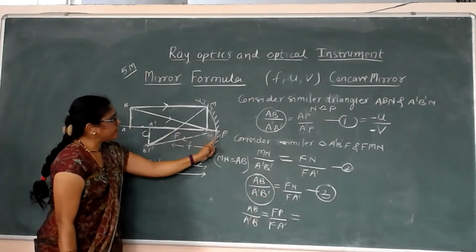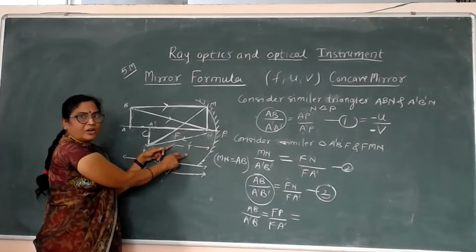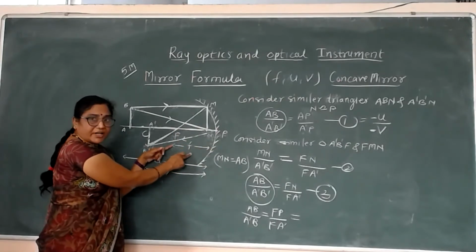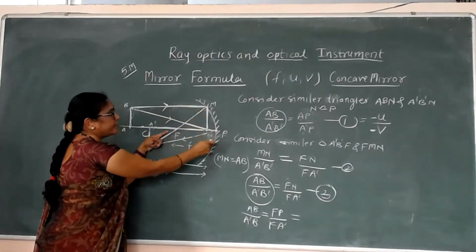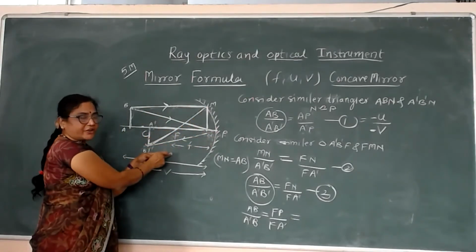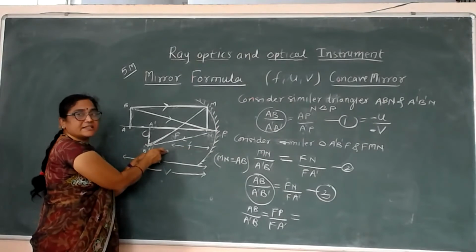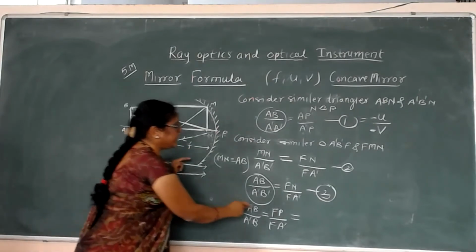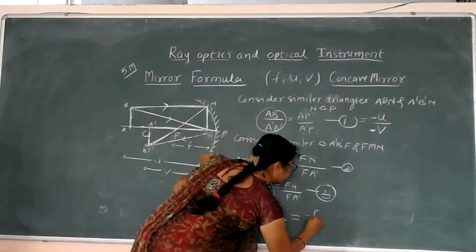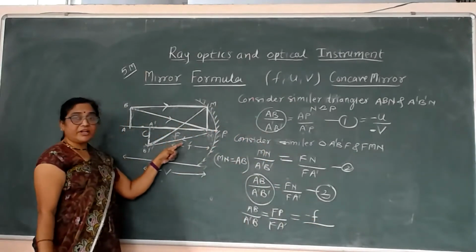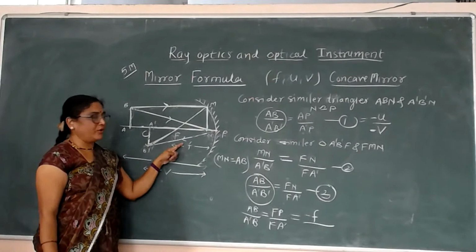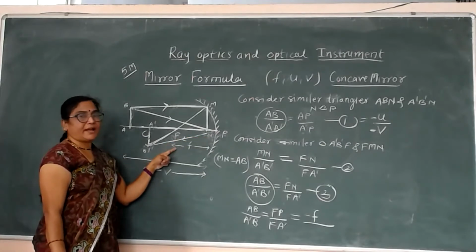First one is FP. What is the meaning of FP here? Focal length. And what about the focal length here? The incident ray is in this direction and we measure the distance in the opposite direction, which means this distance is considered to be minus. Therefore, FP is equal to minus F, because all the distances are measured from the pole.